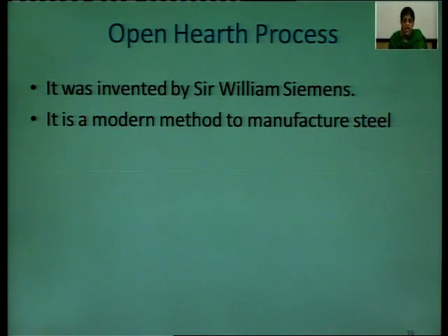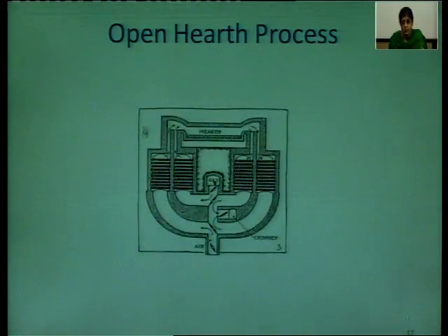Now first let us see the open hearth furnace in which the steel is prepared. This is an open hearth furnace. Here we have a brickwork, and this is a second checker work of bricks. From here various gases like the producer gas and the air are made to enter inside, as you are seeing here.